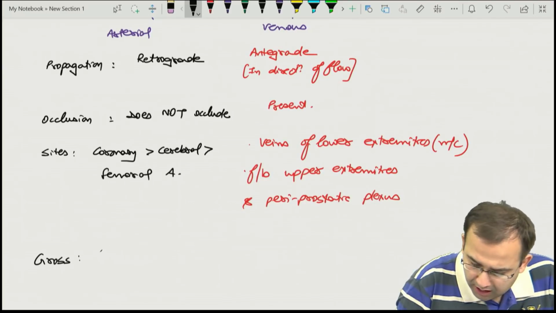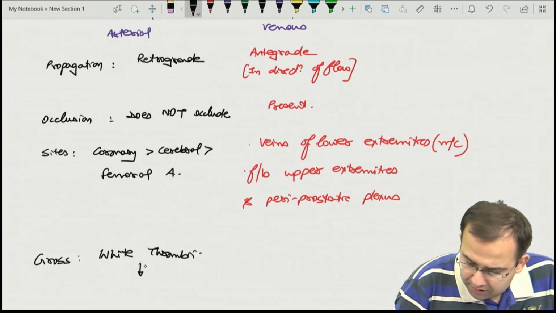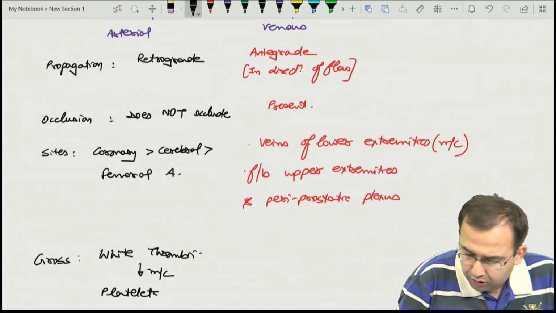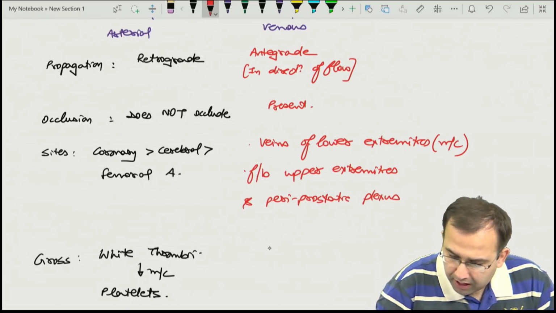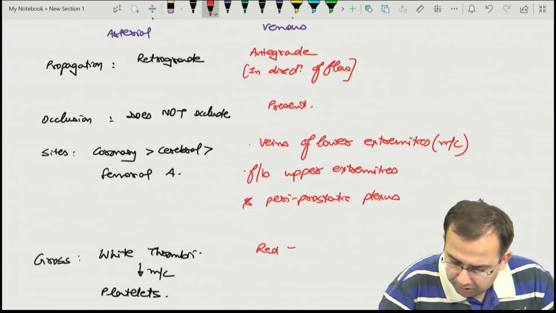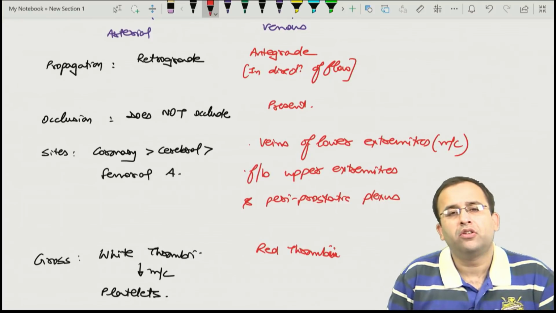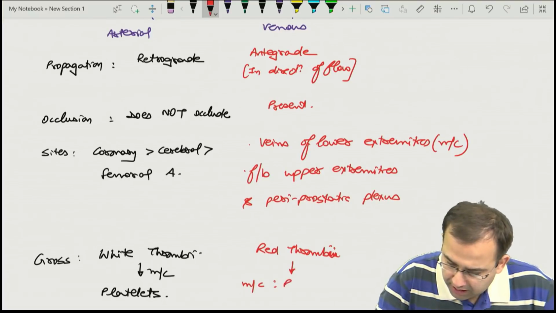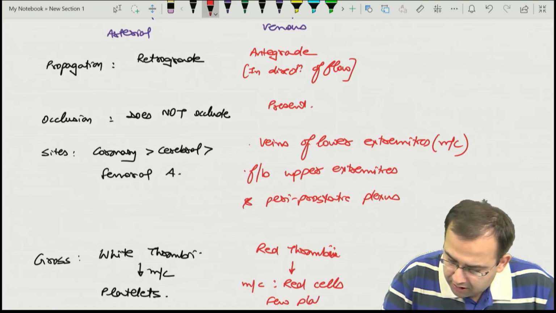Next point, grossly. Arterial thrombi are white thrombi, as more commonly they contain platelets, versus venous thrombi, which are the red thrombi, as they more commonly have red cells with few platelets.